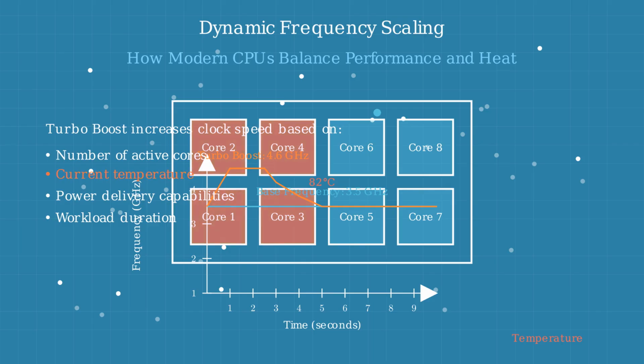The CPU constantly monitors temperature to ensure it stays within safe limits. As heat builds up, it gradually reduces frequency to maintain thermal equilibrium. Through dynamic frequency scaling, modern CPUs intelligently balance performance needs with thermal constraints, delivering maximum performance without overheating.